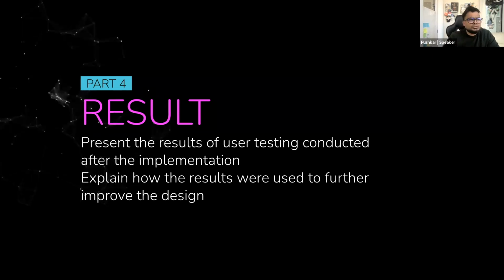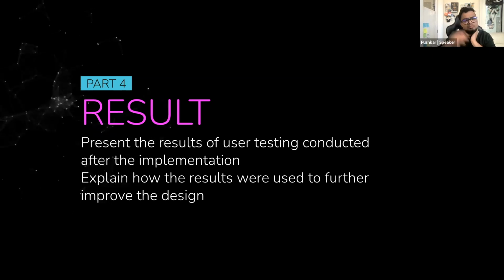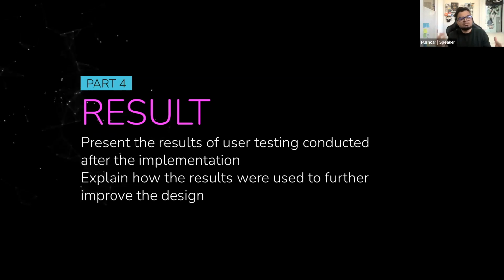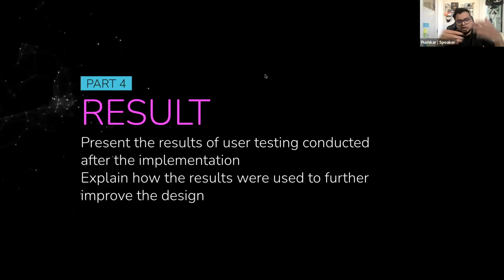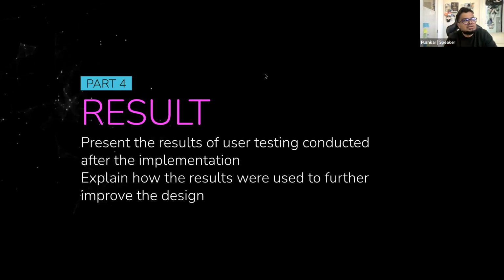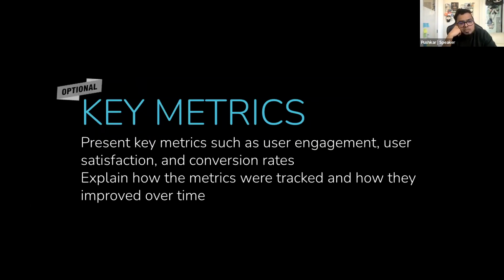Now, the next slides that I'm talking about are part of these results as a key umbrella term. But the next thing inside, another part of the result, is key metrics. Now, this is optional. You might not have this at a junior level, or you might not have it as a student project. But always try to figure out what kind of metrics we are using. Are we using metrics like how many people are using the app?